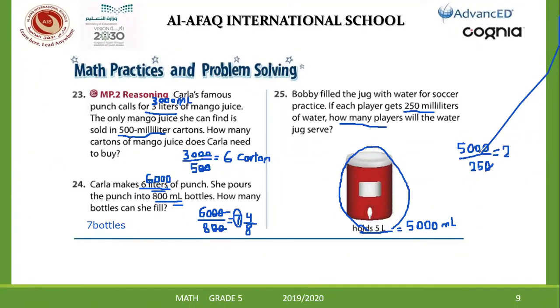What about the third digit? 0 divided by 25 is what? 0 divided by any number, the answer should be 0. Great. So how many players? They are 20 players.